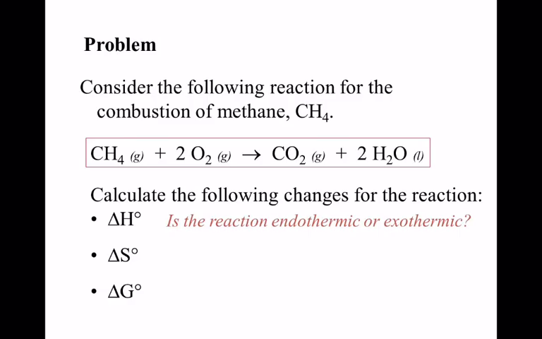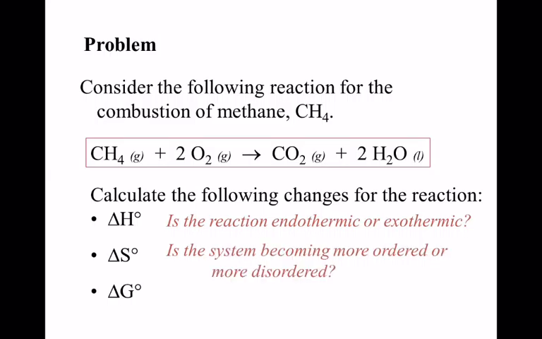Once we come up with delta H, the change in enthalpy, we'll know whether it's endothermic or exothermic. Of course, if it's negative, it's exo. If it's positive, it's endo. Once we know the sign of the delta S, we know if it's creating order, negative, or if it's creating disorder, positive. And once we come up with the delta G, then we know if it's spontaneous as written. Okay?